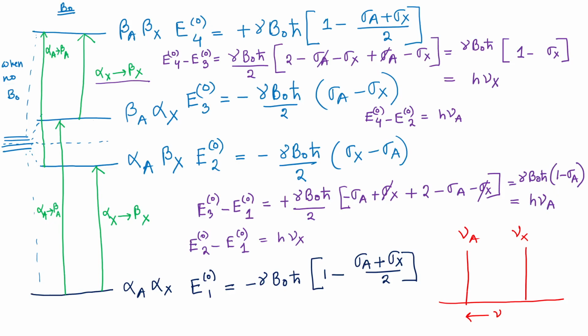Now, this is how your spectrum looks when there is no perturbation in the AX system. When the perturbation comes, what is going to be your perturbed energy? So, let me write coupling in AX system.